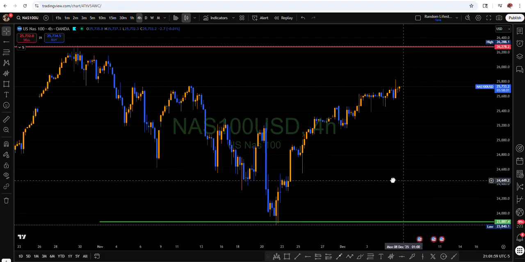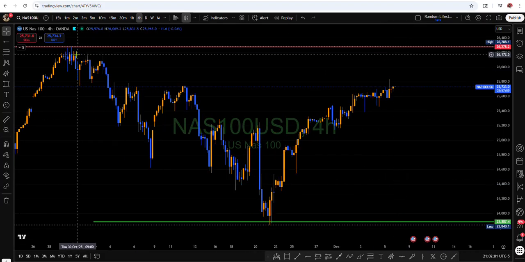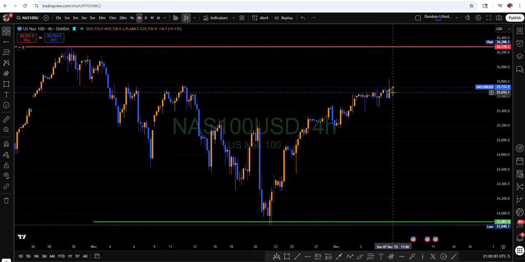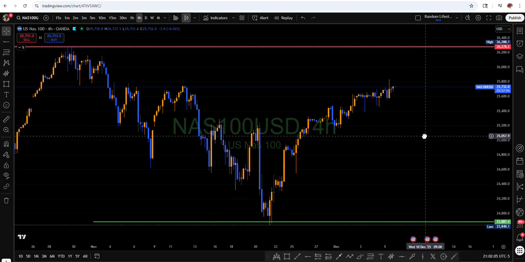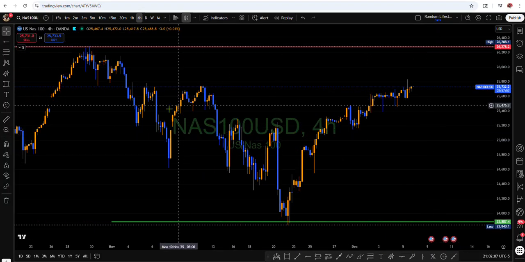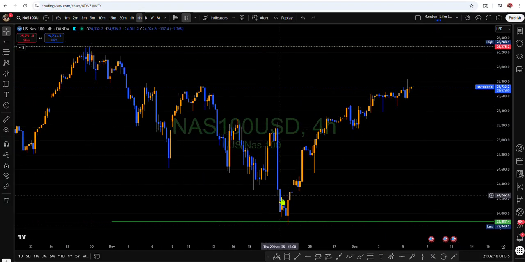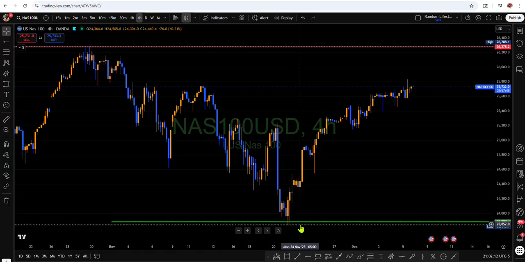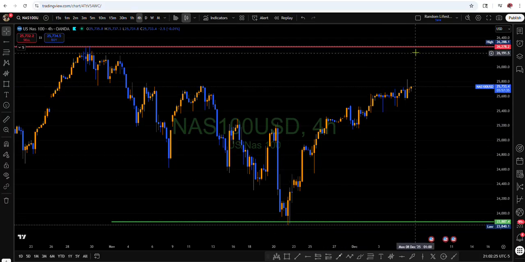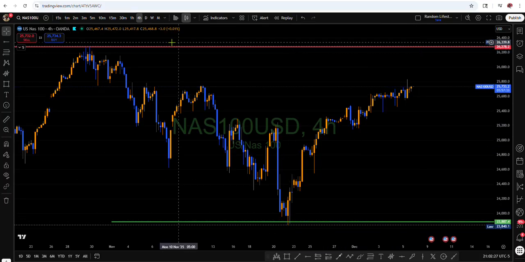But as you can see, I'm on the 4 hour right now. For this week, I feel like Nas is going to be a lot cleaner than 30 because we rejected. We came back down to this area. So right here we have support, or you would call it demand. I mean, the buyers basically picked up from here and ran the market up.